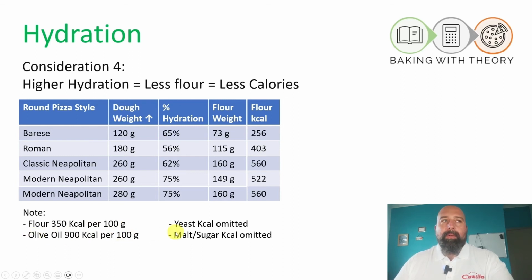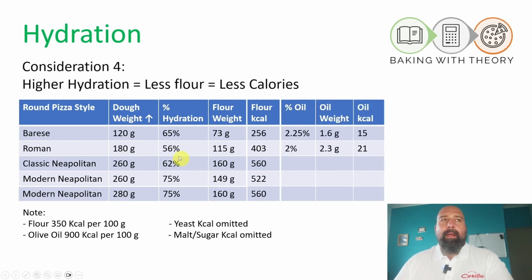I will show you soon where I put the olive oil, because I don't put olive oil in all of them. But I'm considering 900 kilocalories per 100 grams. Then the yeast, I'm not counting any kilocalories, because it will be a minimal amount and minimal calories. And malt or sugar is omitted because you don't have to put it in the product.